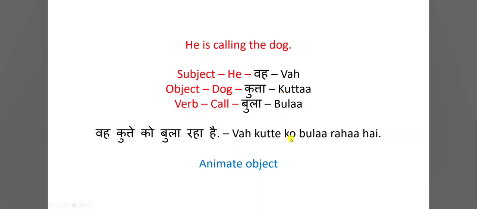We add the postposition ko to it, and due to that, kutta takes the oblique form, kutte. So, kutte ko. With humans, it is compulsory.